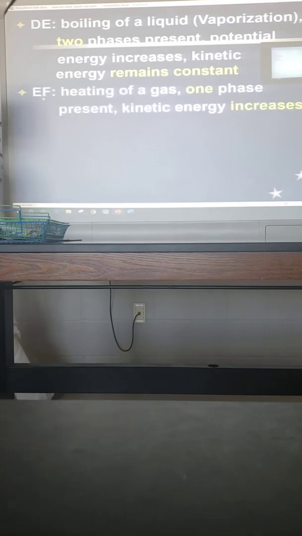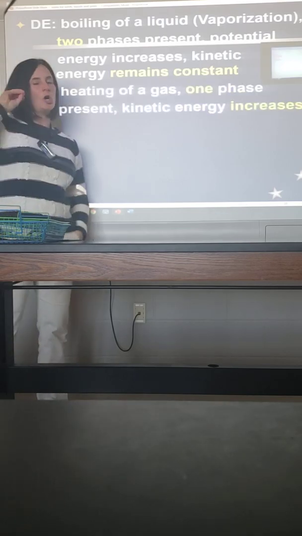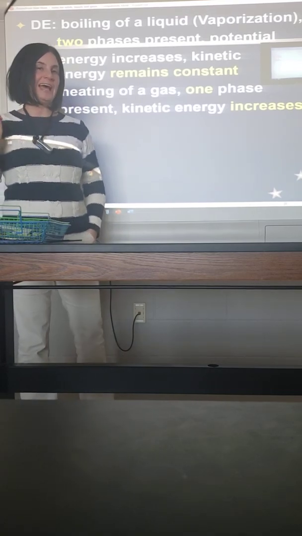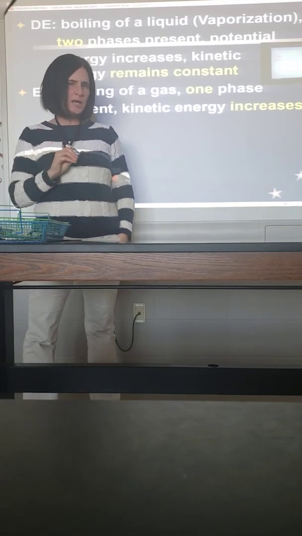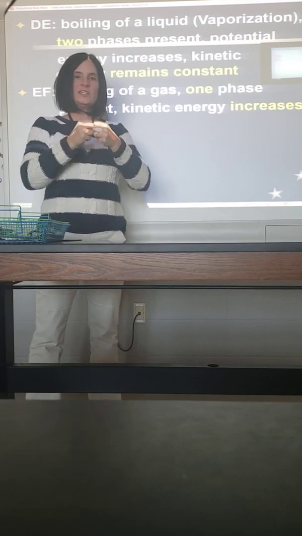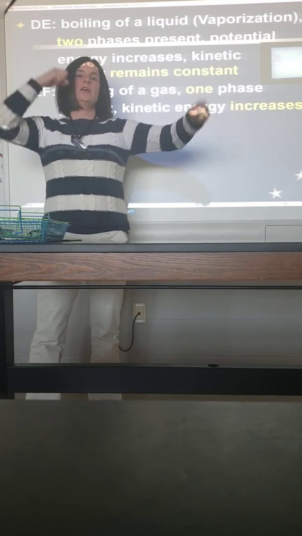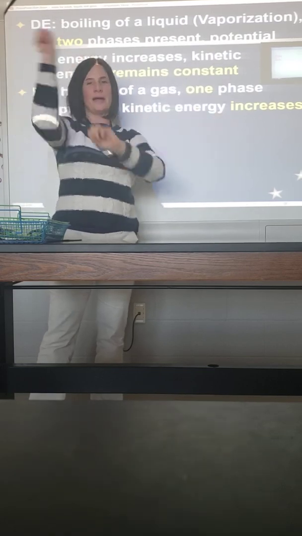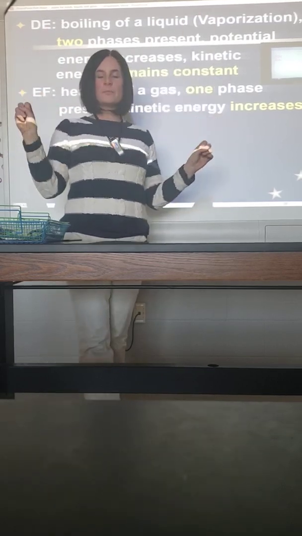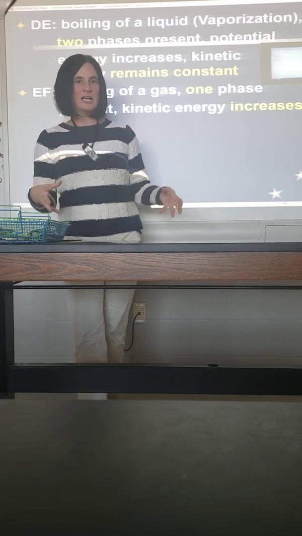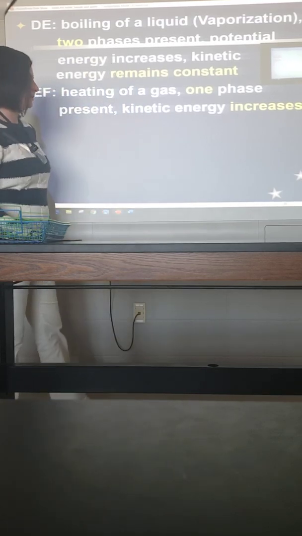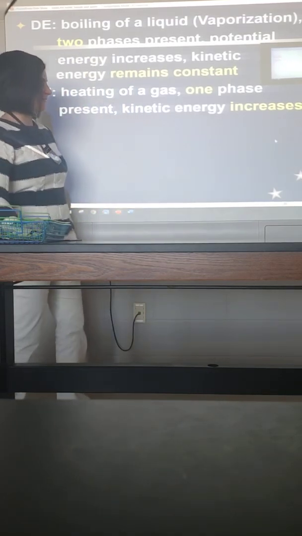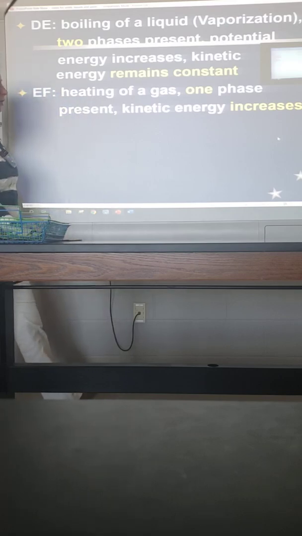And so finally we get E to F. Once all of the attractive forces have been broken, so not the bonds, but those attractive forces, once they have all released from the liquid, you get the gas version, and those molecules get to bounce and fly all over the place, lots of motion, lots of space between them, and they are steam or that vapor version of the water. 1 phase, kinetic is on the rise again.